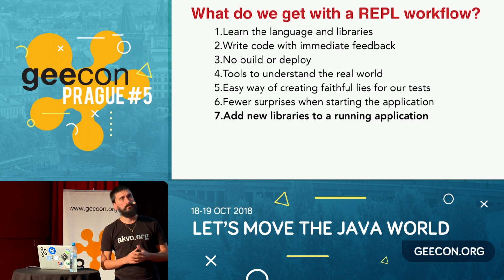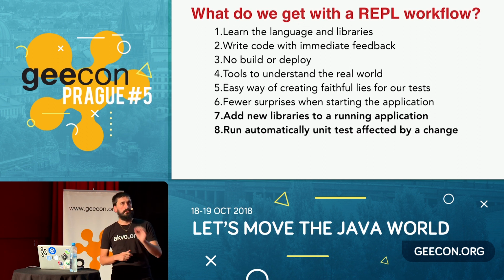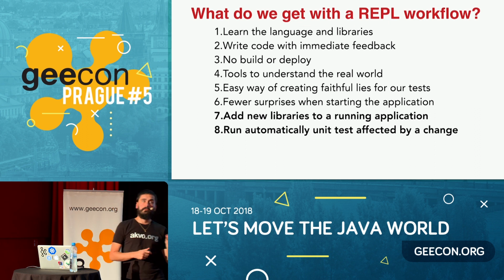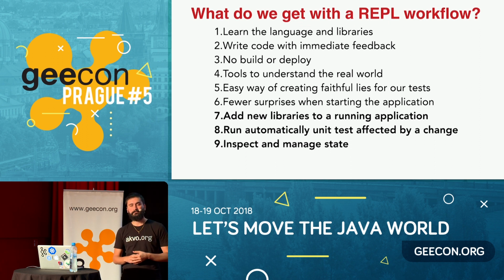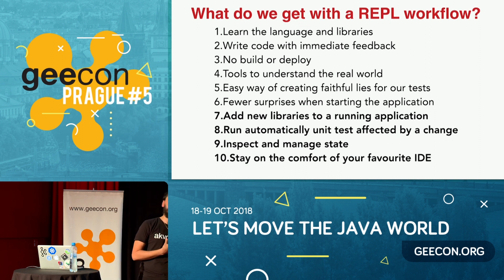As a bonus, we saw that we can add libraries to the running application, that we can improve the TDD workflow, because we can tell the REPL to run just the tests that can be affected by a change. We saw that we can inspect, manage state, and touch it, and do whatever we want to it. And this is a big bonus for me. We did all of this within IDEA, within your IDE, so you don't need to be switching from one tool to another.